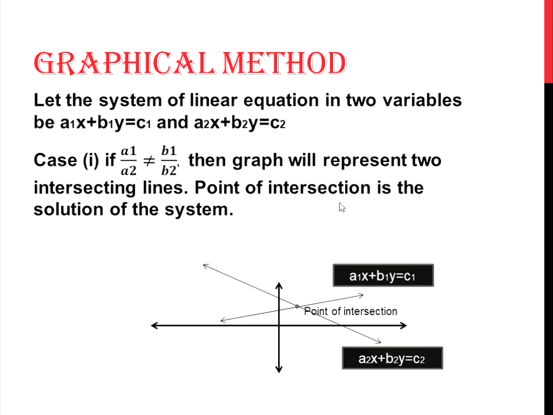Point of intersection is the solution of the system. Here, this line represents the equation a1x plus b1y equal to c1, and this line represents equation a2x plus b2y equal to c2. They intersect at this point, which is known as point of intersection, and this is the solution of this system.